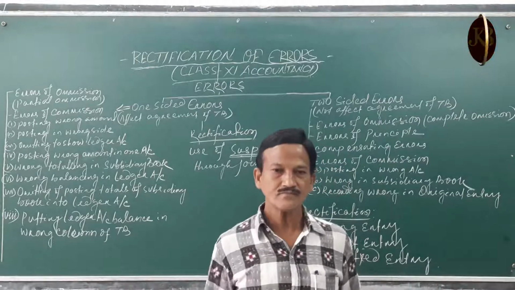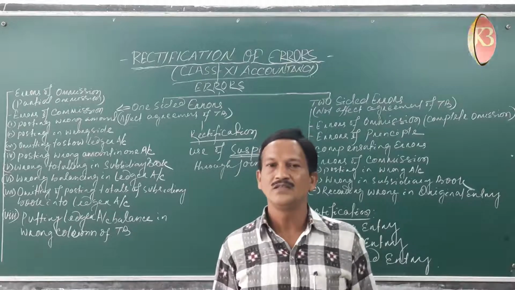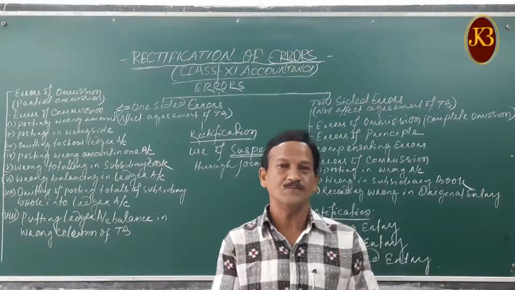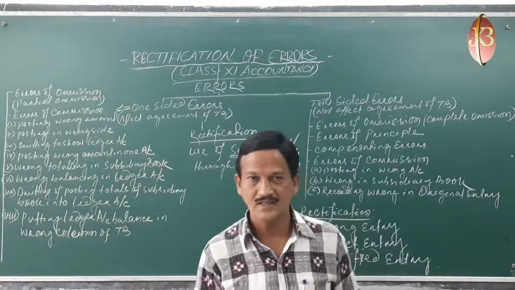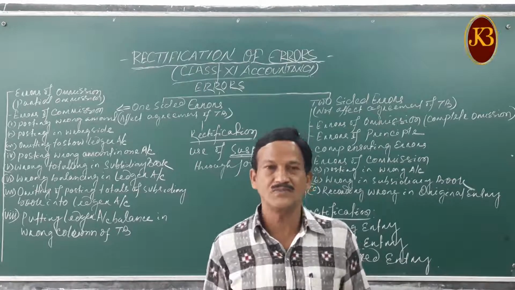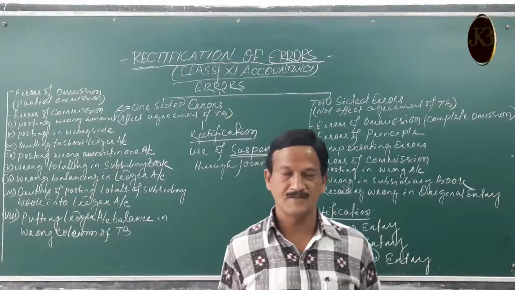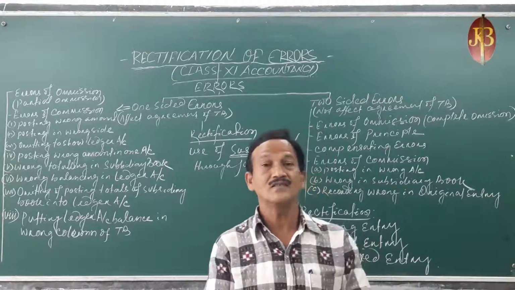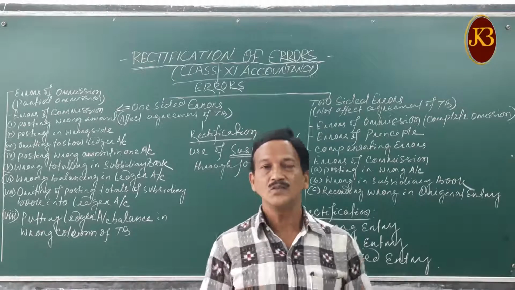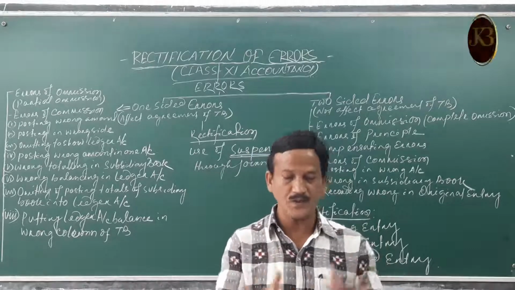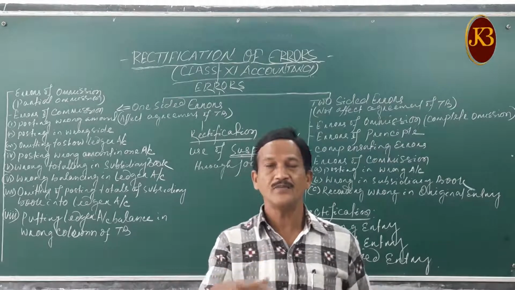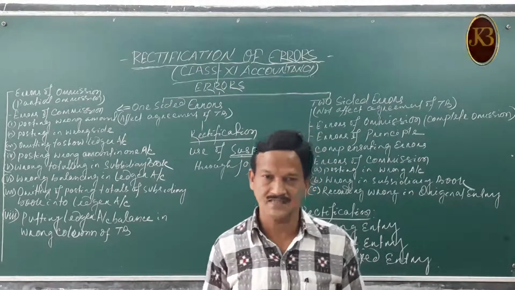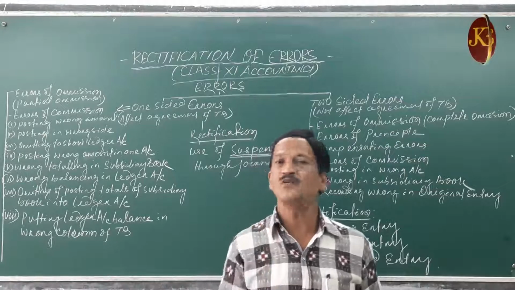Then the second is to determine the correct profit or loss, to show the correct results of the business. Then the third purpose is to show the correct, true and fair view of the financial position of the business at the end of the accounting year.